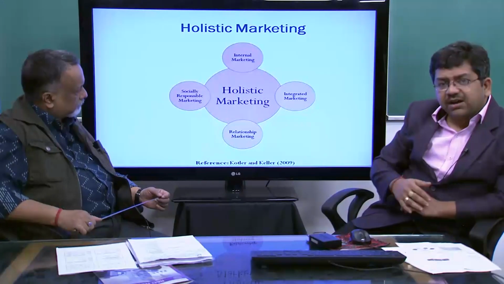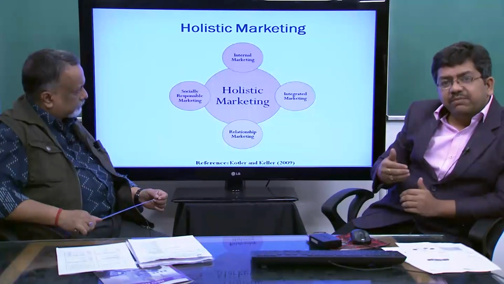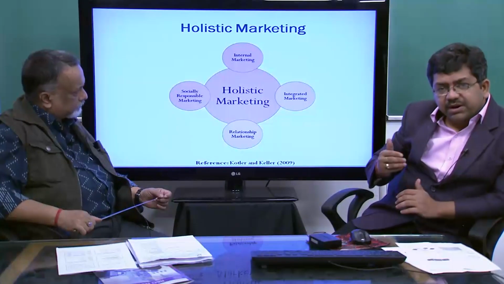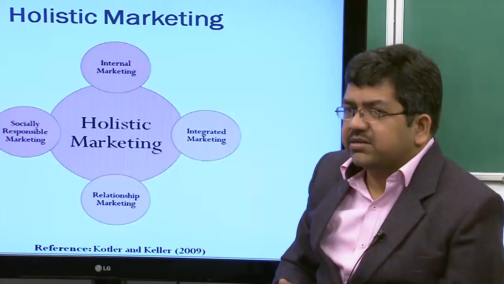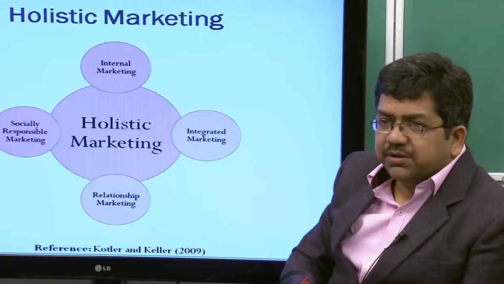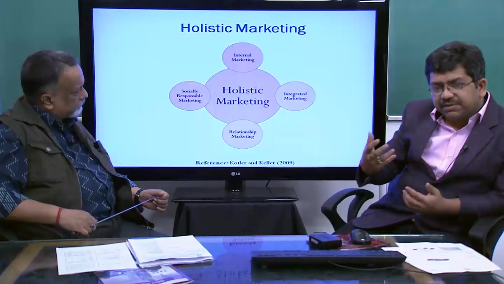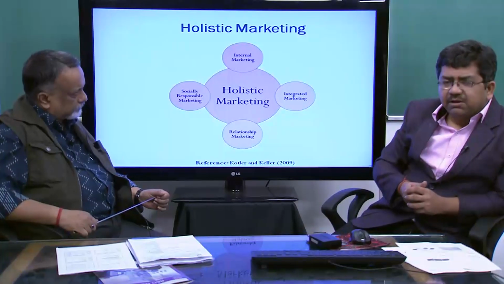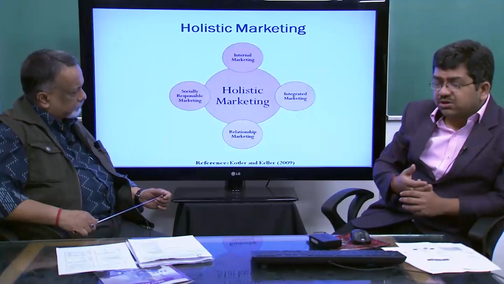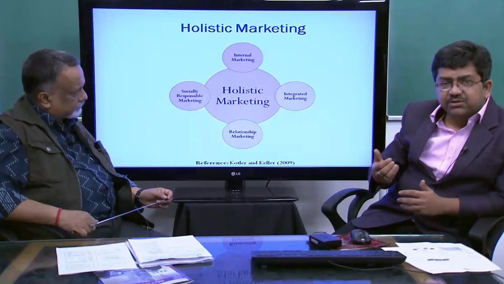And then the third aspect of holistic marketing was relationship marketing, where you manage your relationship with your customers and your distribution partners, like retailers, wholesalers, or whatever form your supply chain and distribution models take. You also manage your relationship with your suppliers, because suppliers are a very important source of ideas and of the changes happening.